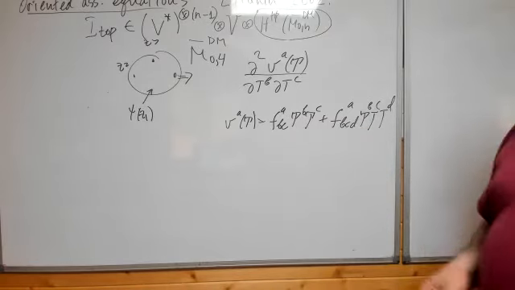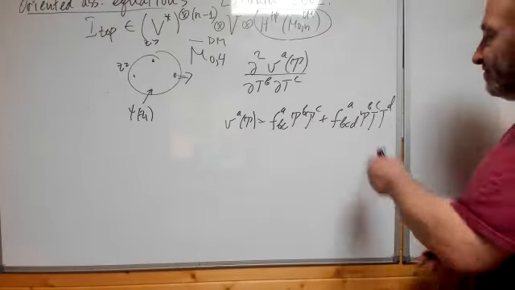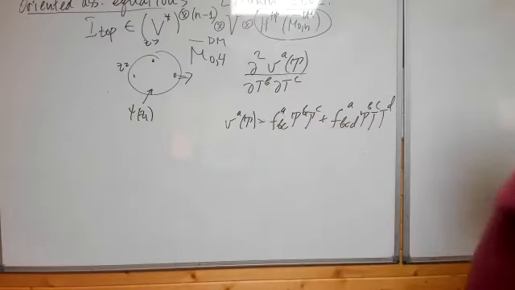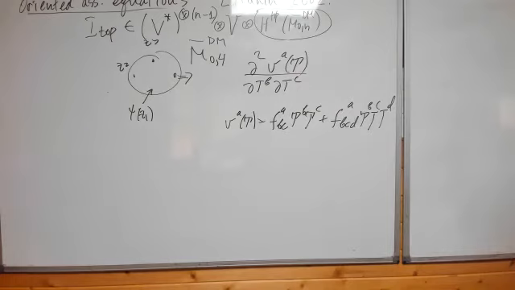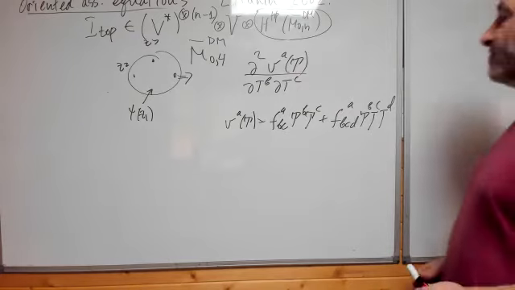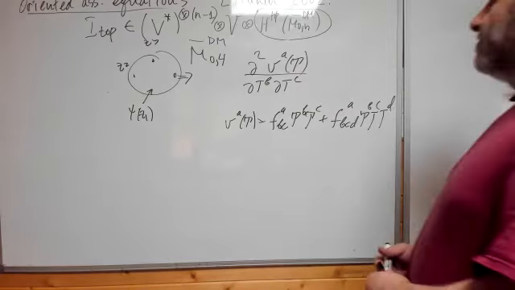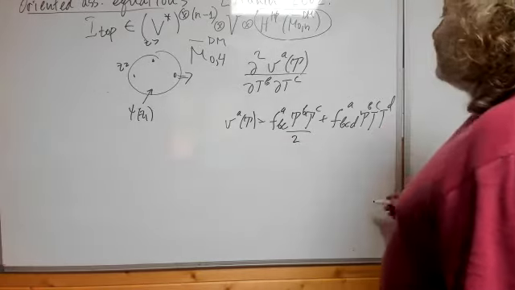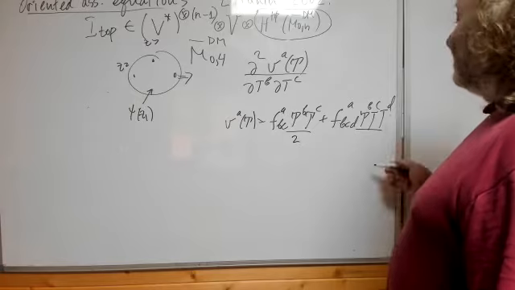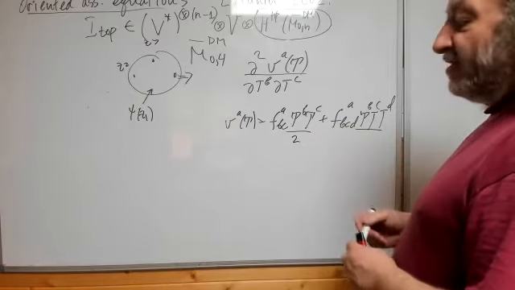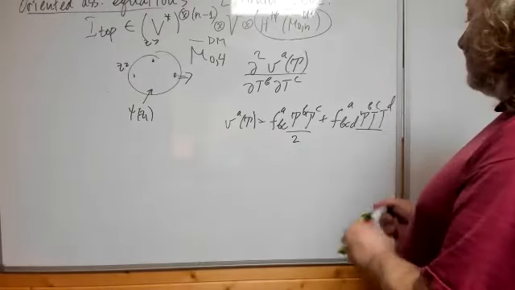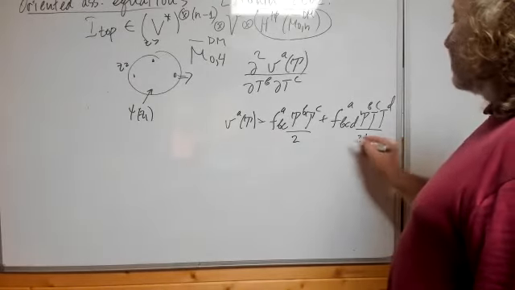So such a situation is possible. And of course, we impose these conditions. So here I should divide by 2, and here I think I have to divide by 3 factorial. So there are nice normalizations.